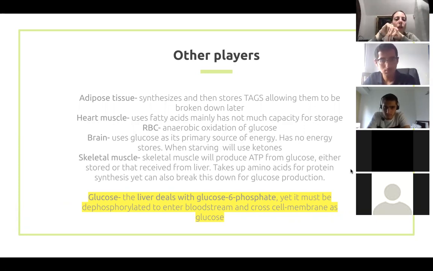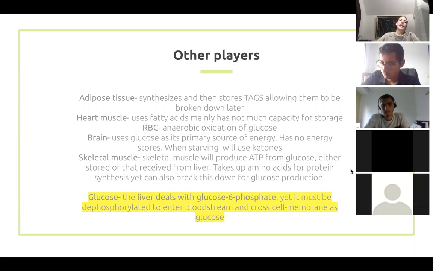Before the liver releases glucose to the body, it has to dephosphorylate it. Then you have just the glucose, which can freely travel into the bloodstream, cross cell membranes, and get to the places it needs to. So that's key: before glucose can enter the bloodstream, it has to be dephosphorylated.